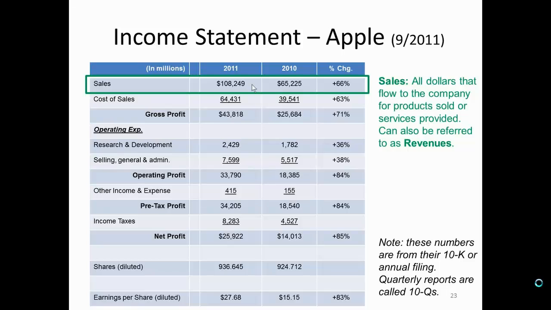Kind of interesting, iPhones in 2010 were only $25 billion, so they grew by almost 100% to get to $47 billion. iPads were even more significant. In 2010, they sold $5 billion worth of iPads. In 2011, they sold $20 billion, which is a 300% growth, which is fairly unbelievable.